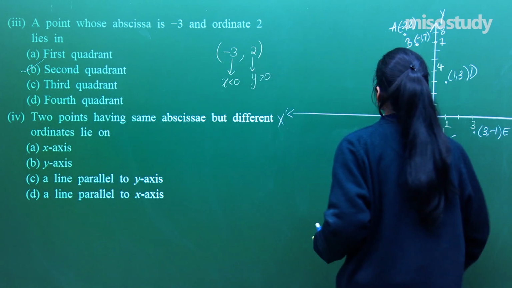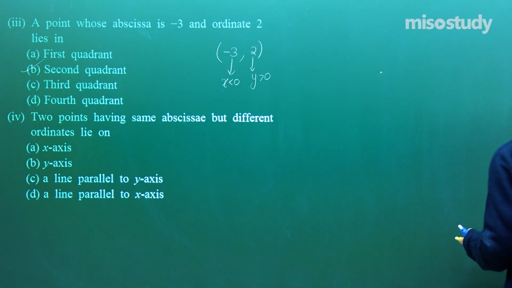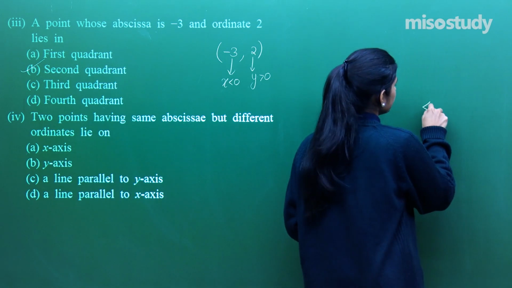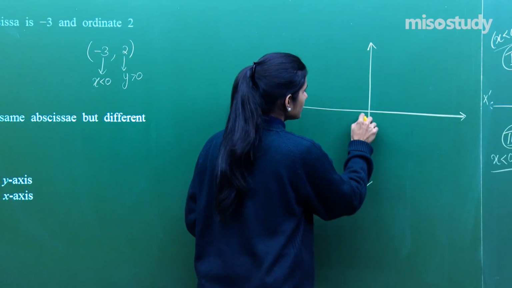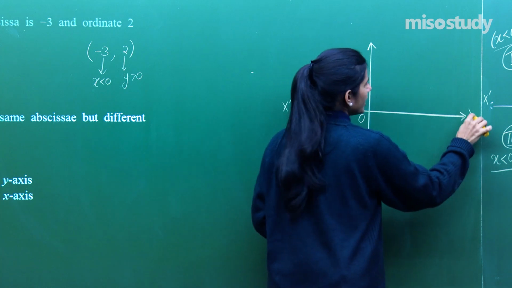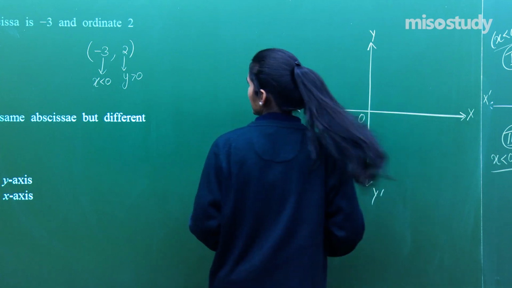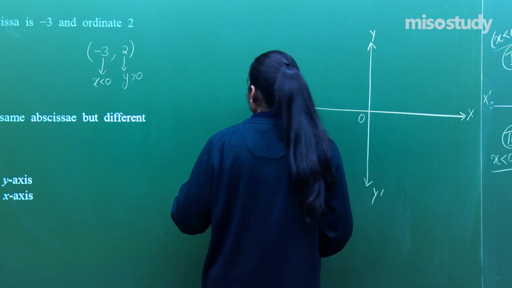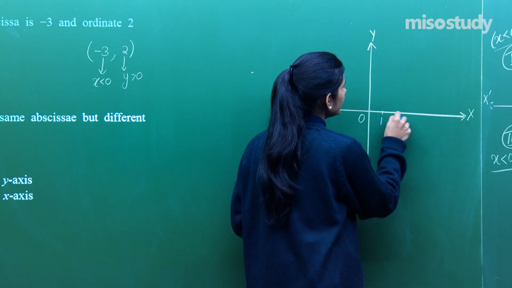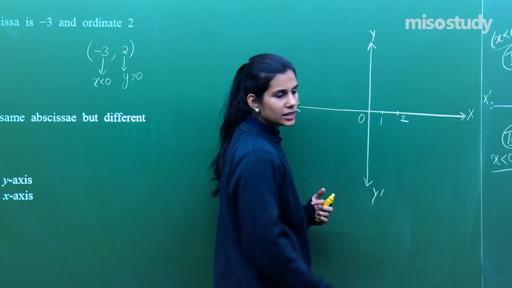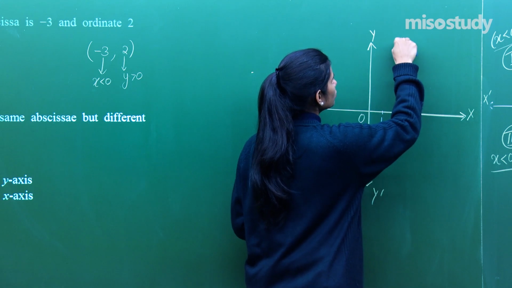2 points having same abscissas but different ordinates lie where? Now try to understand this. 2 points having same abscissa but different ordinates. Get the situation clear. This is origin x dash O, x, y, O, y dash. I am saying 2 points having same abscissa but different ordinates. Suppose this is 1 and say this is 2. I draw a line parallel to y-axis passing through 2.